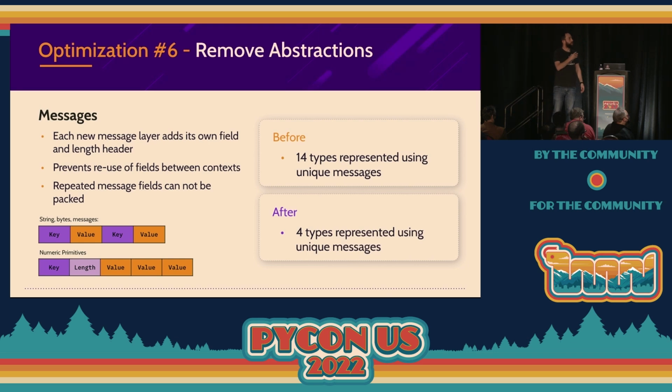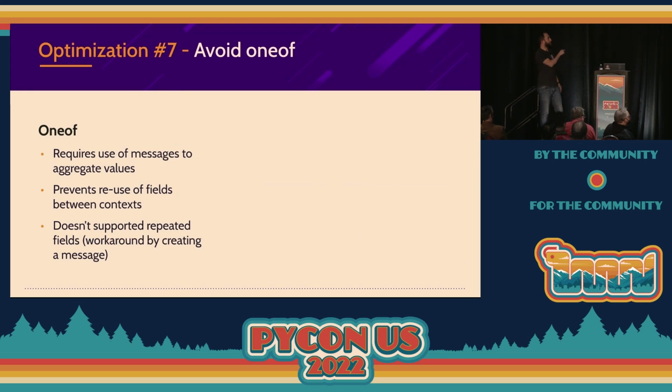And we found that there are only 4 complex types that really justify messages. Everything else we can work around and keep a flatter structure that is much more efficient to encode. And last but not least is the Oneof, which I've mentioned. Now, Oneof allows you to say that only one of the things is set. Now, if you remember, I've shown you that we created a message for a string.